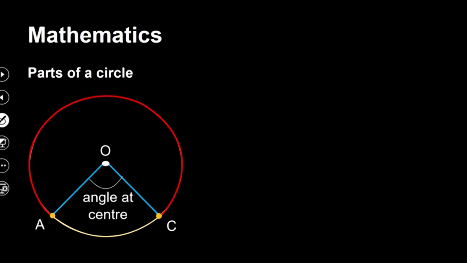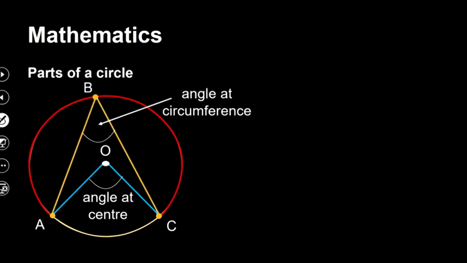But now, also we have what we call the angle at the center. The angle at the center will be the angle that is formed by the minor arc, or formed by the minor segment. And then we have the angle at the circumference, which is the one that is in the major arc or the major segment.